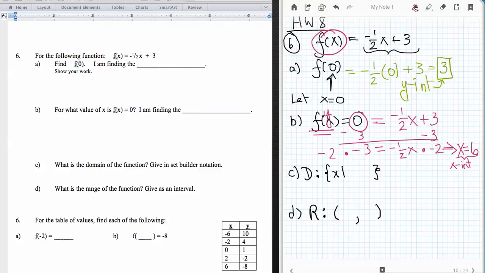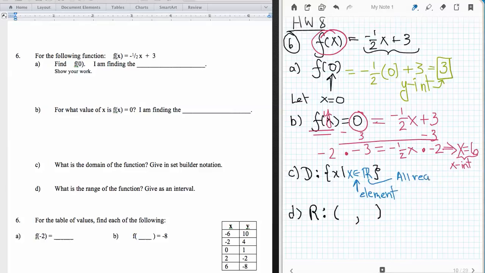So I am going to be able to say that my domain in set builder notation is all x's such that x is an element of the real numbers. Remember, this symbol means an element of, and then that funky symbol that looks like an R with an extra tail on it means all real numbers.